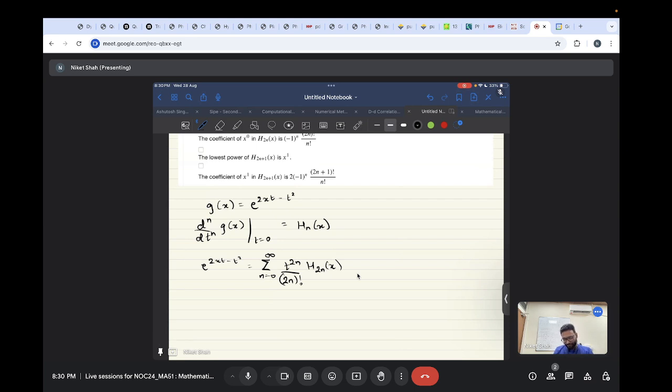And the left hand side is also, because it's an exponential function, simply 2xt minus t square, basically it's x power n divided by n factorial, where n goes from 0 to infinity, and this is equal to the sum from 0 to infinity of t raised to 2n Hn of x divided by 2n factorial.